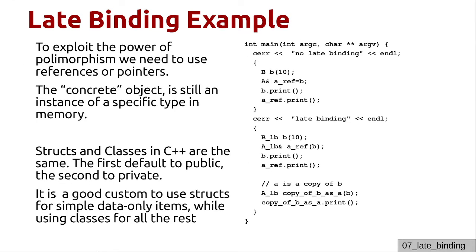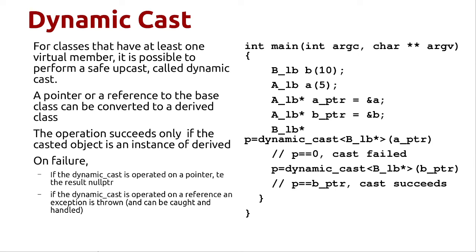Late binding, example, dynamic cast. Okay, now it's useless to say that the same rules of assignment that hold for references and for types hold also for pointers to objects. So it is possible to assign a pointer to an object of class B, an address of an object of class B, to a pointer whose type is address of object of class A. Same as you can do with references, you can do with pointers.